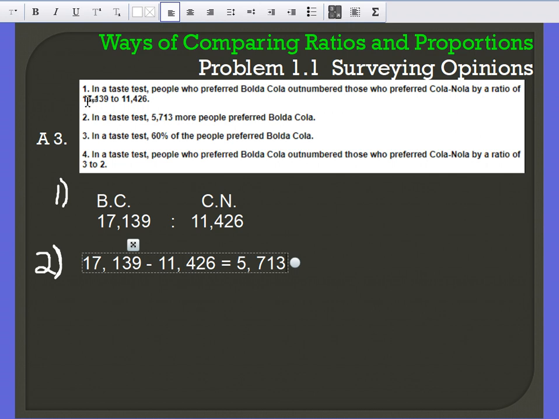We're getting more and more information about what's going on here. When we subtract those 2 numbers from statement 1, we get another way to represent that same set of data in statement 2 by saying explicitly 5,713 people prefer Bolda-Cola. So now we know it's actually 17,000 people liked Bolda-Cola and 11,000 people and change liked Cola-Nola.